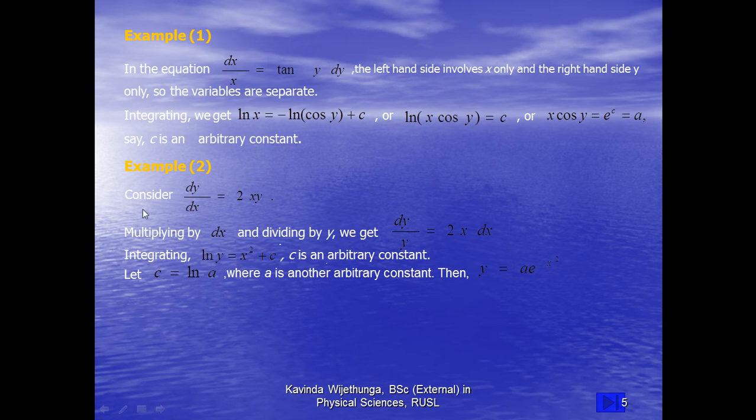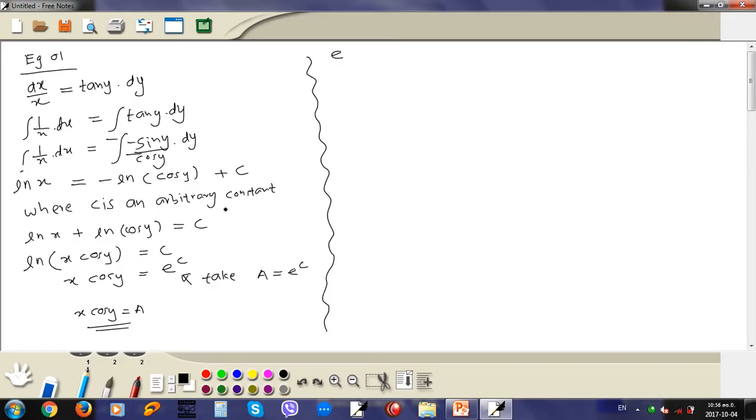Consider dy by dx equals 2xy, right? Example 2. So now what we have to do is separate the variables. The x term with dx I can take to that side, and y I can send to this side, then we can write 1 over y times dy, right?